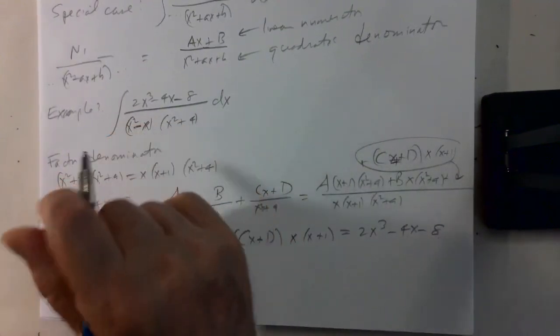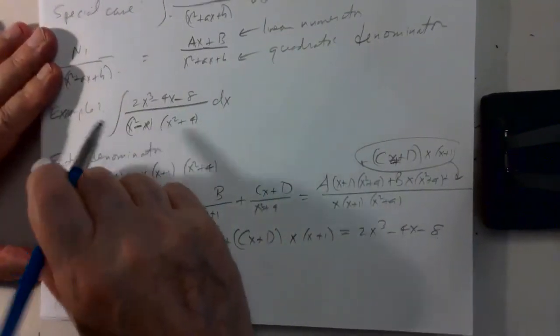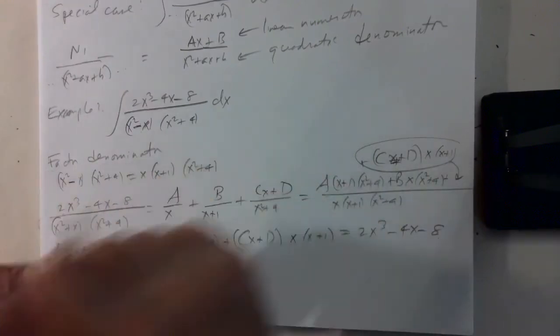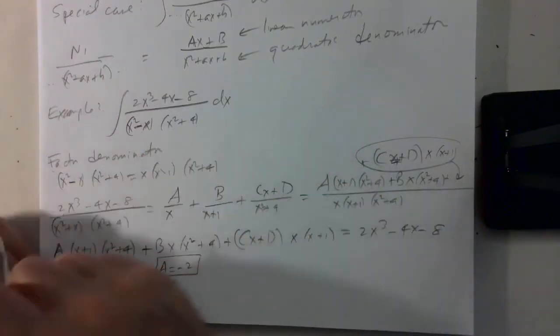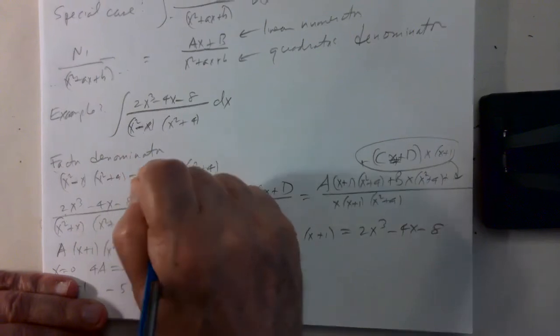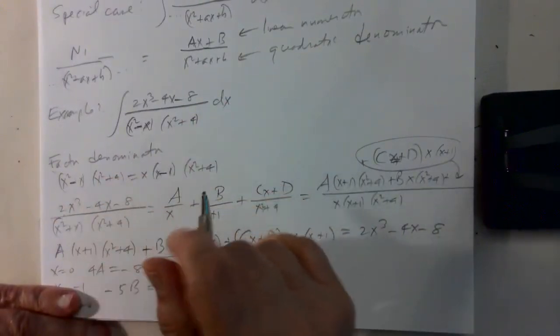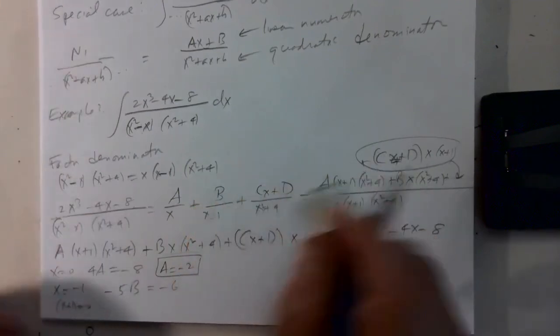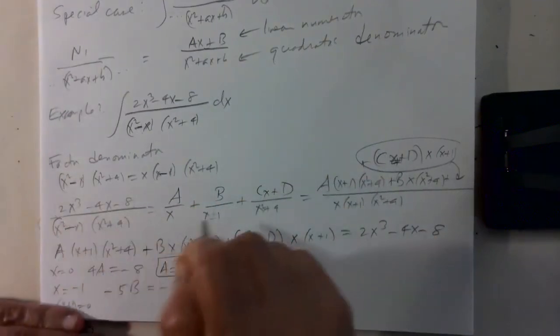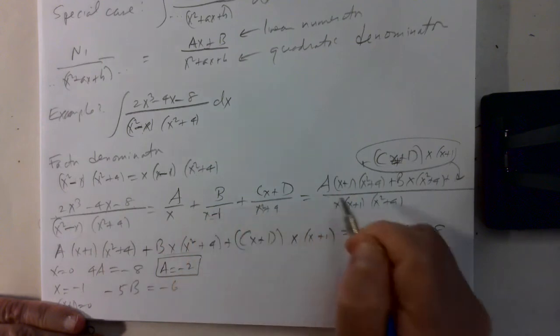And this is x squared minus x, and this factors into x times x minus 1 times x squared plus 4. So x squared minus x is x times x minus 1.